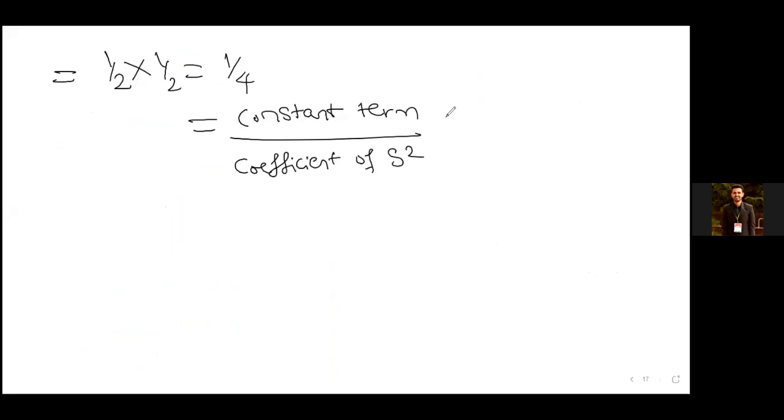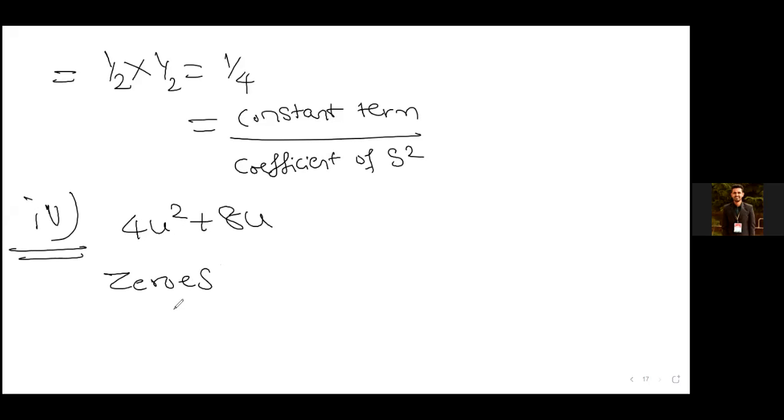Here you can see the constant term upon coefficient of s square. Please do the fourth one, that is 4u square plus 8u, and tell me the zeros. What are the zeros of this polynomial?